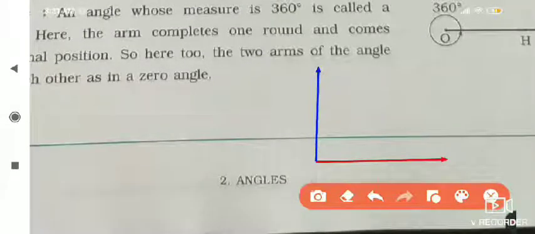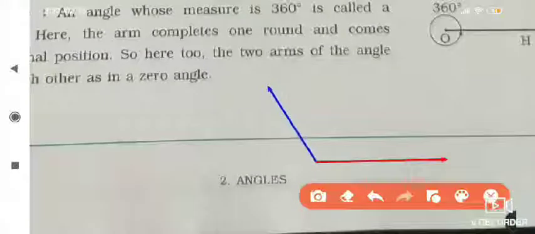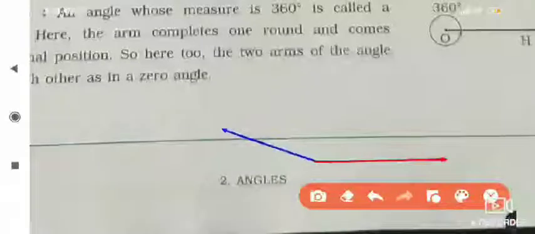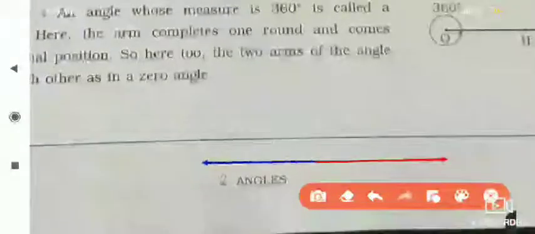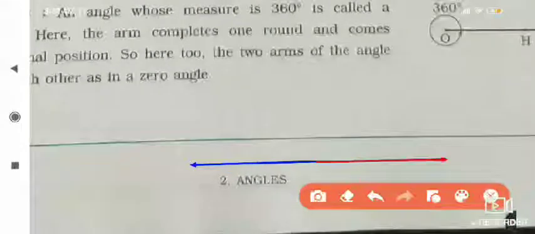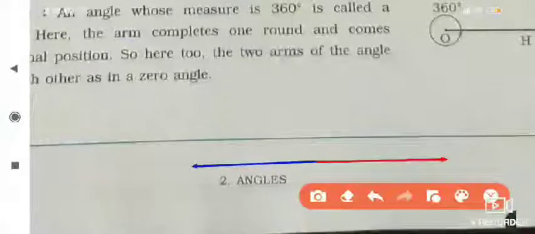But when it is a straight line, and the angle between them is 90 degrees, then it is called a right angle. Now after the right angle, if this arm moves forward to any position from here, then these angles are called obtuse angles, and their measure is more than 90 and less than how much? 180 degrees. If they are exactly opposite to each other, then this angle is called a 180 degree angle.